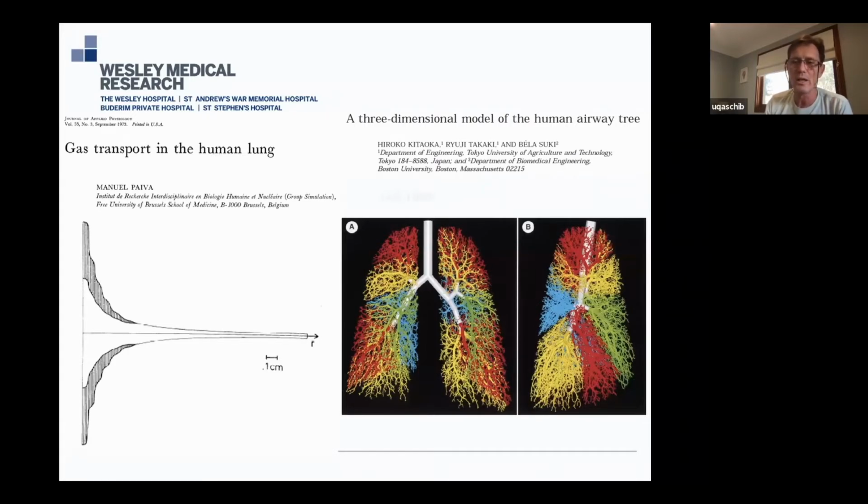There are two philosophies, let's say, in looking at how the lung is structured. Functionally, it probably doesn't matter so much, but there's the trumpet model that comes from Weibel and from Paiva, where basically the airway diameter is opening up towards the acinar space.